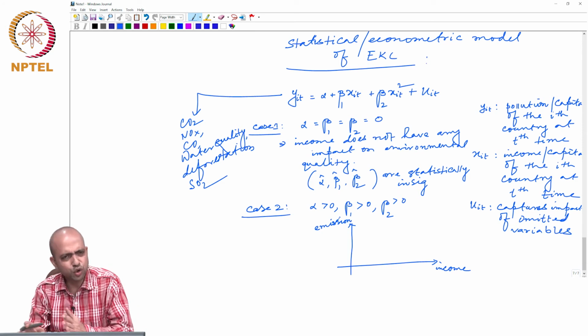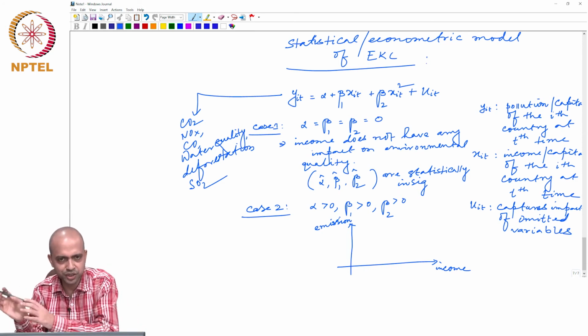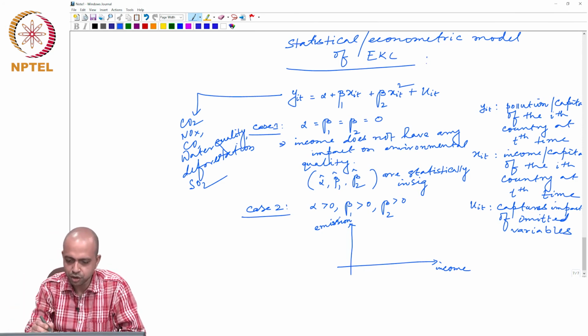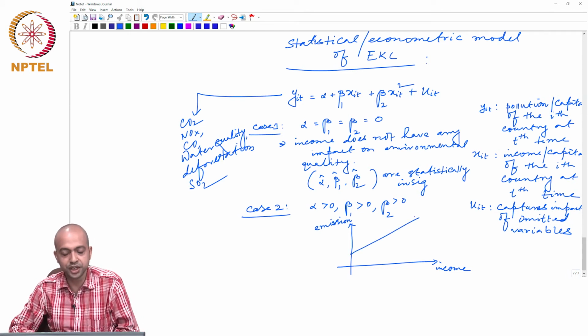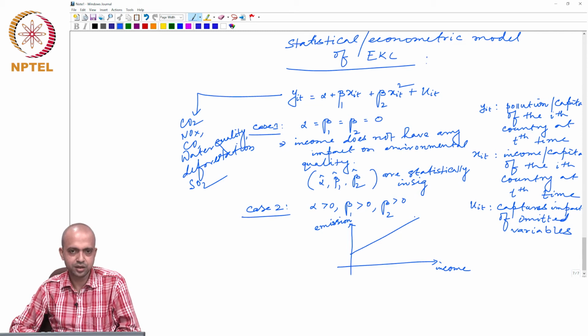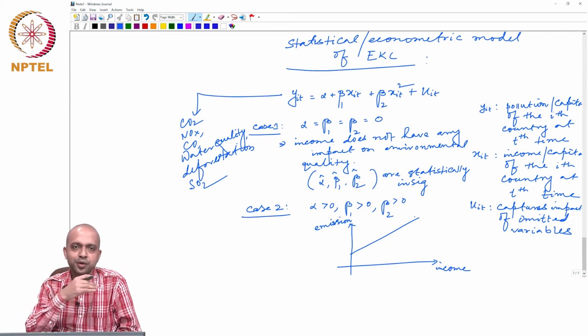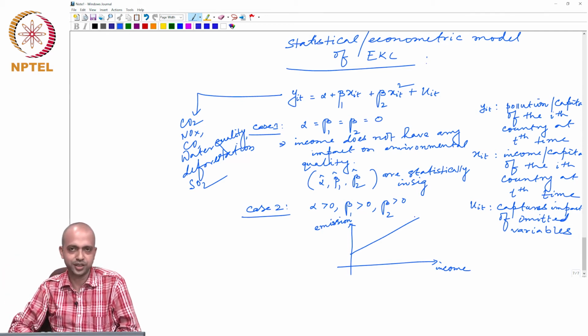Please keep in mind this is always per capita, every time I may not be using the per capita word, but this is always per capita. When alpha greater than 0, beta 1 greater than 0, beta 2 greater than 0, then we will get this type of monotonically increasing relationship. So, as income increases, emission per capita also increases monotonically. Is that correct? Okay.